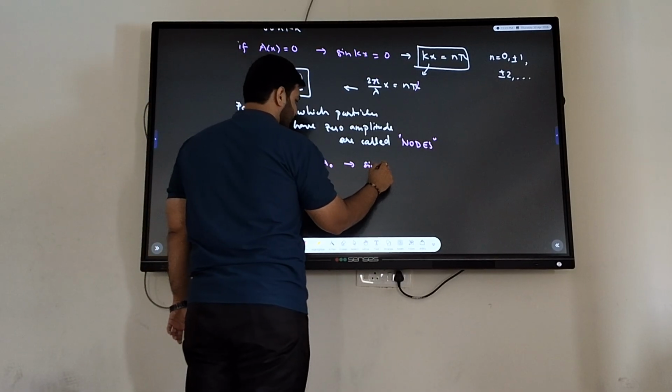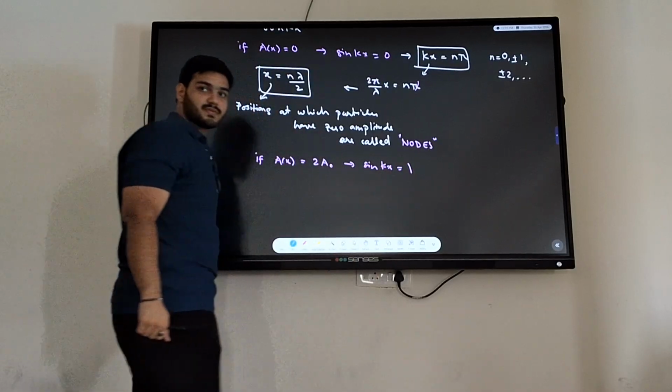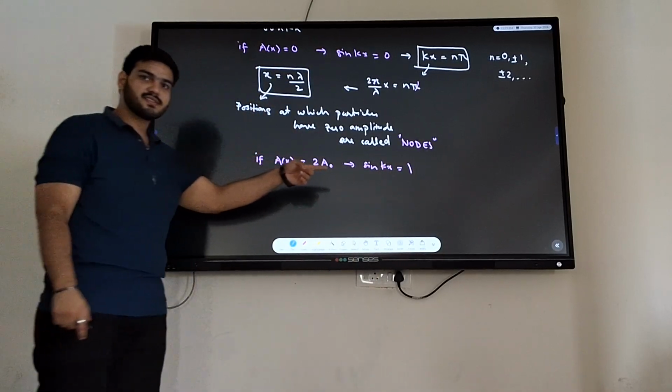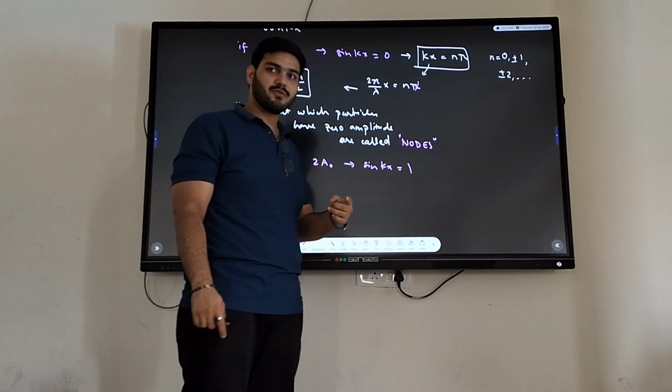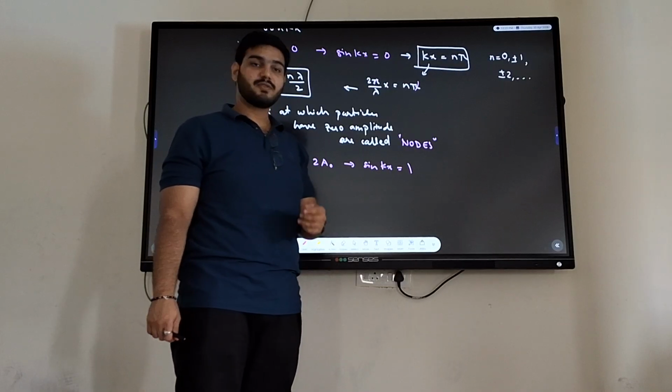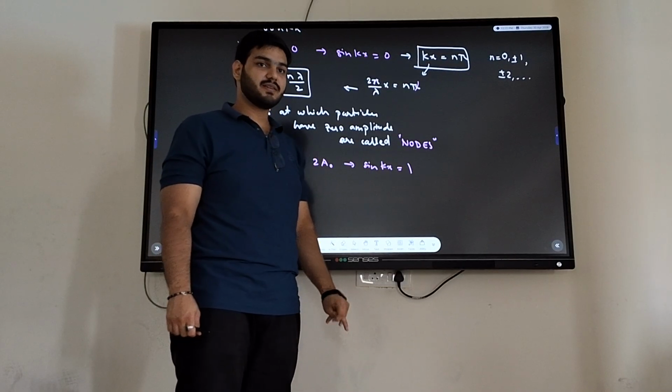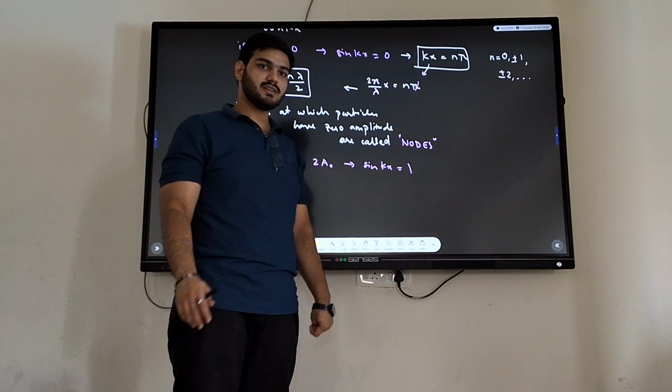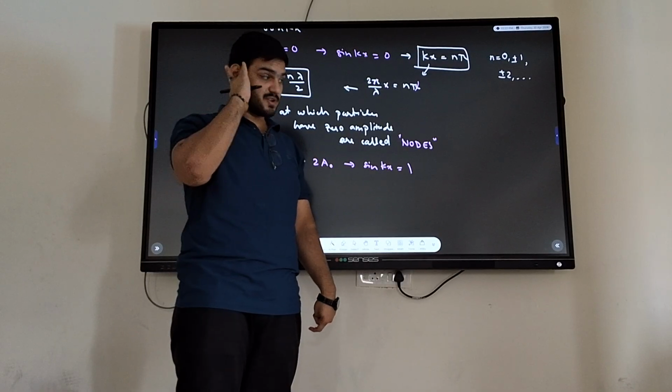That means sin kx has to be 1, no? Then what is the condition on kx? N pi by 2. Will it work? And what is n? Define n. Can it be any integer? No, positive integers.